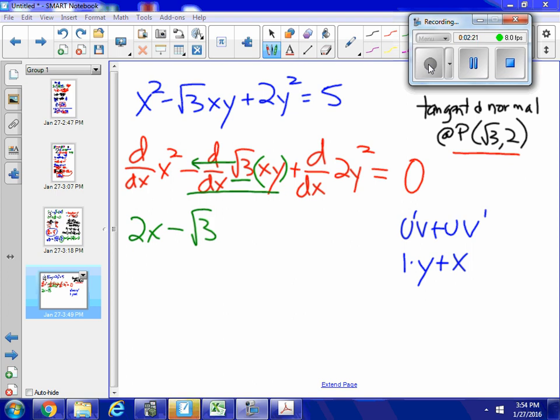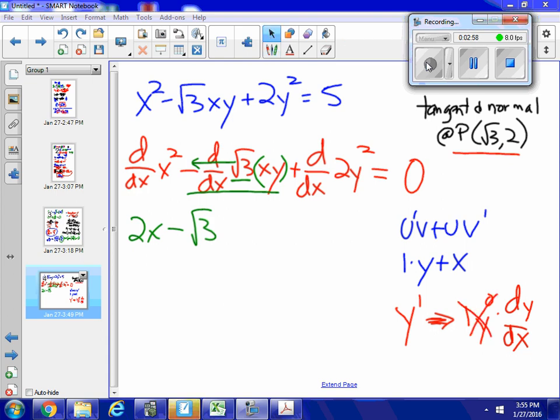If I had y alone to the first and tried to find the derivative, I'd use the power rule and have 1 times y to the 0th, times, because y is its own function, the derivative of y with respect to x. Well, y to the 0 is 1, so this is just the derivative of y with respect to x.